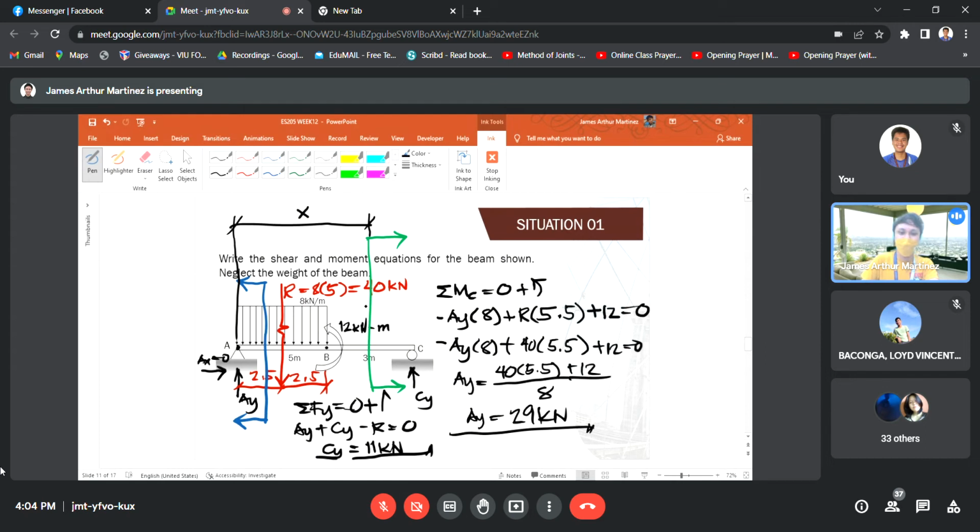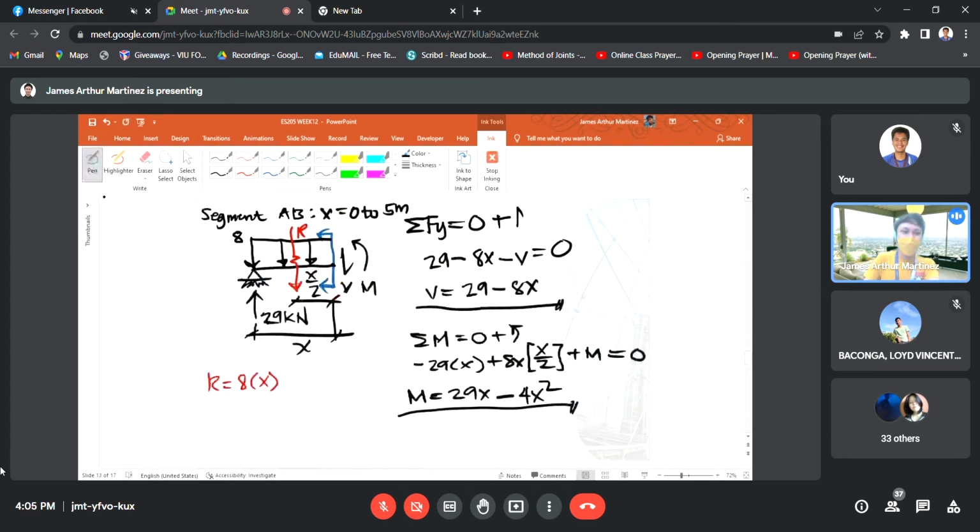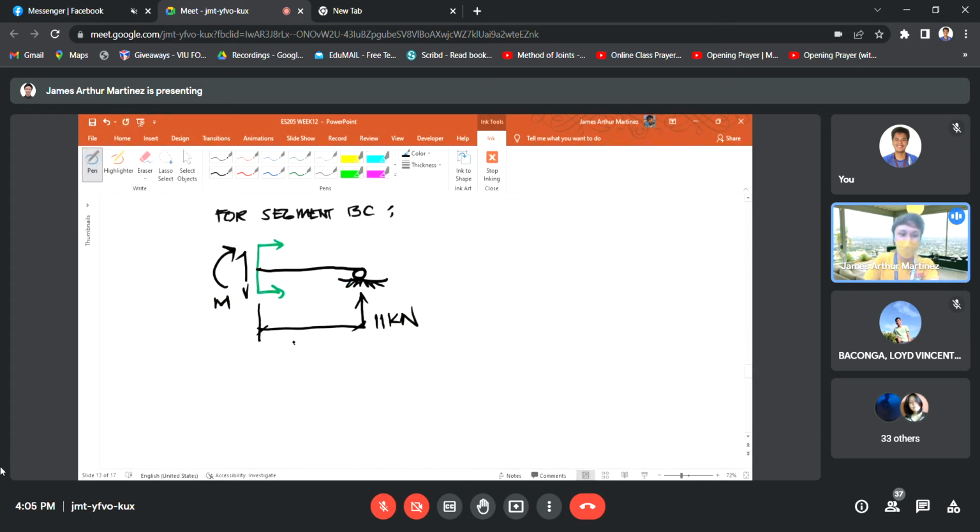So how much is the distance from point C to the cutting section? It is just the total length of the beam minus x. In this case the total span of the beam is 8 meters, right? So 8 minus x. Total length minus x. So that is the distance at this region: 8 minus x. Okay?